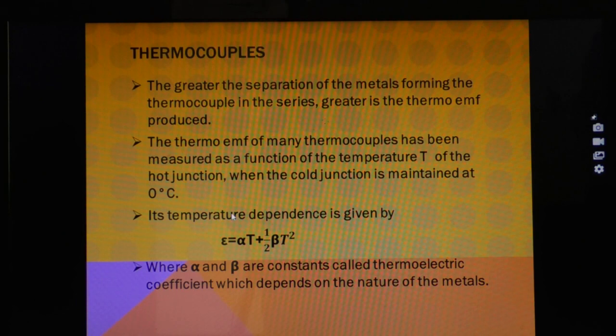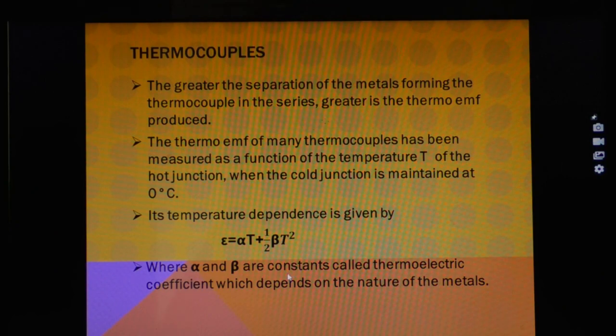Its temperature dependence is given by a relation which helps us understand the working of a thermocouple. The EMF produced is given by epsilon equal to alpha T plus half beta T squared, where alpha and beta are constants.